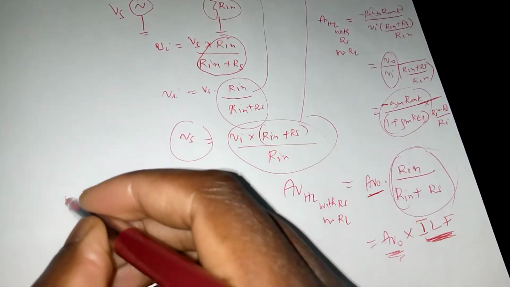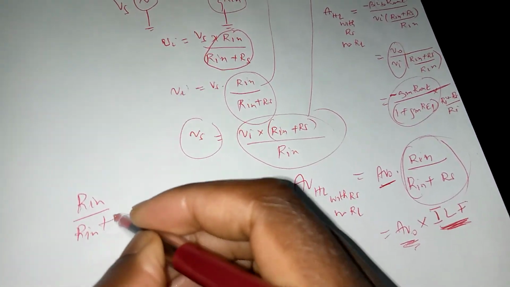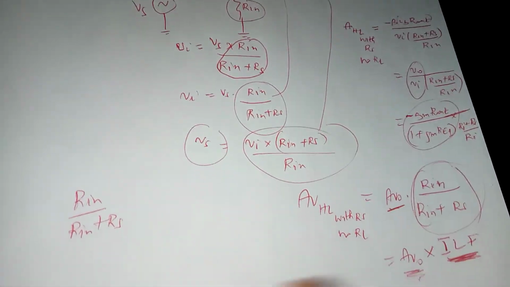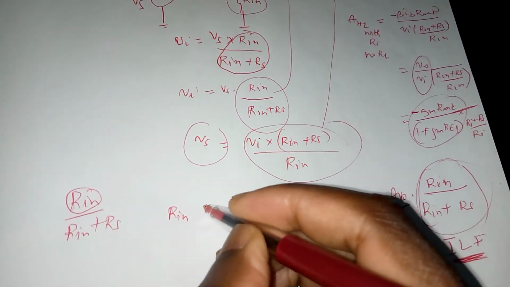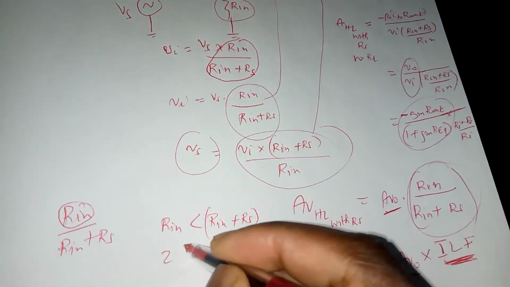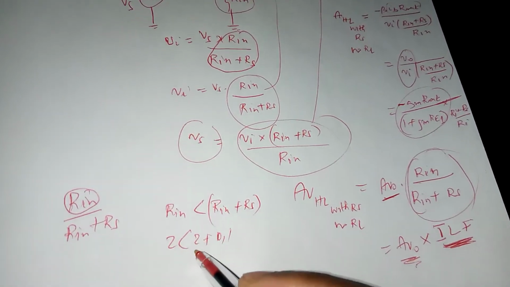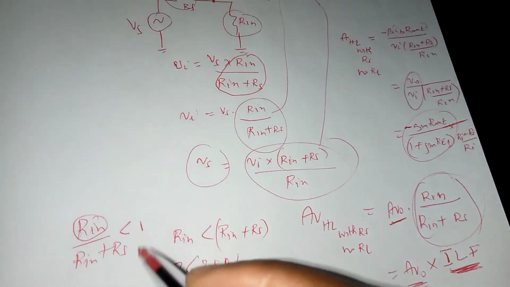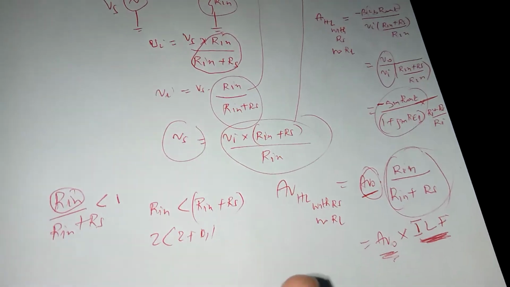If you've got Rin over Rin plus RS, considering that everything is positive because they are resistances, there's no negative value, then Rin will always be less than Rin plus something positive. Of course, 2 is less than 2 plus 1, or even 2 plus 0.1. So that fraction will always be less than 1. And if you multiply AVO by something less than 1, it reduces it.